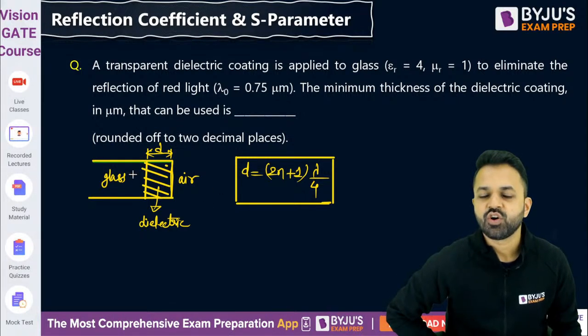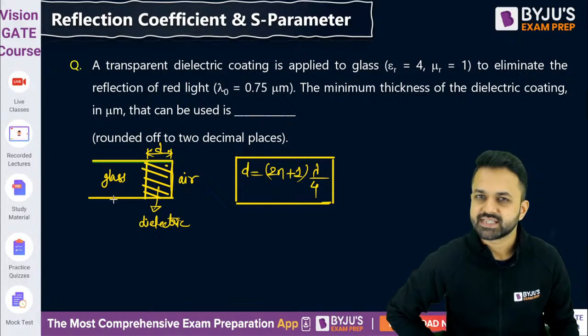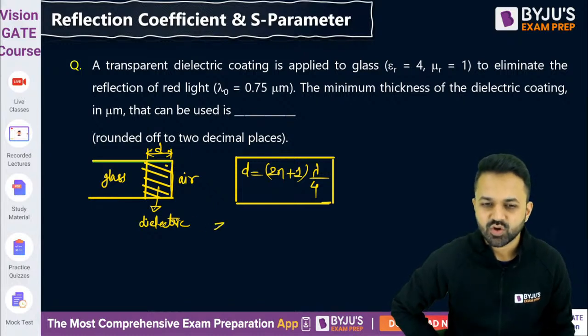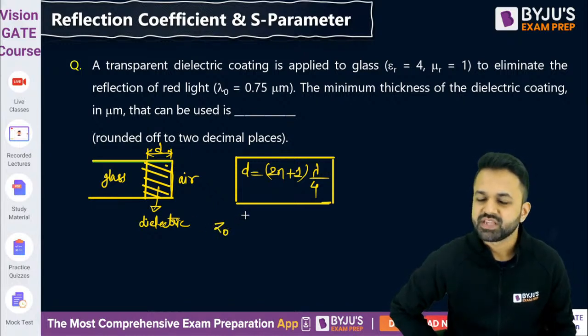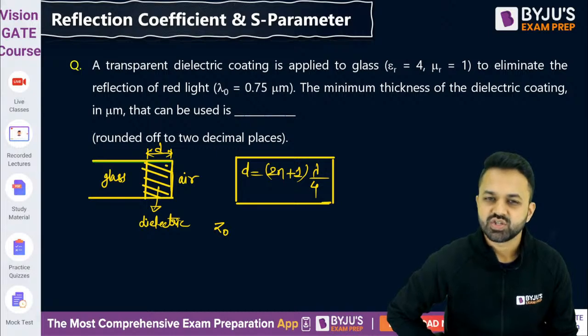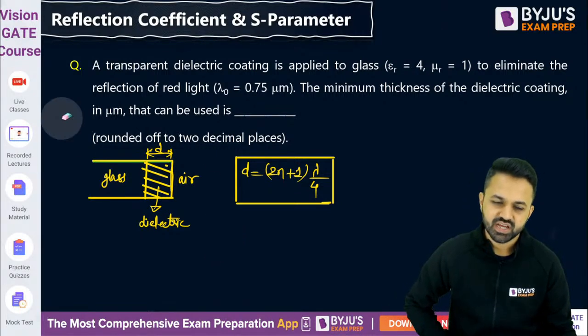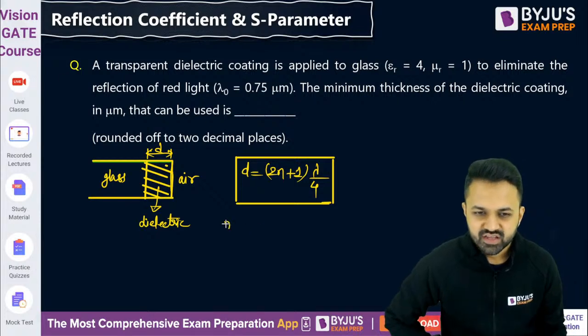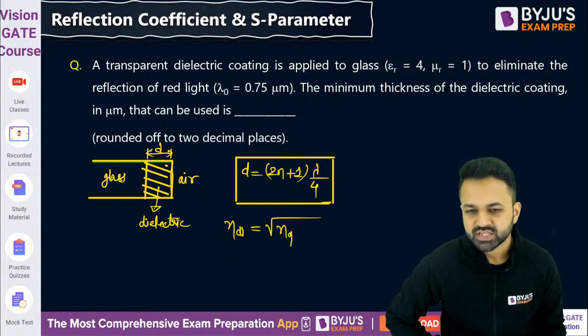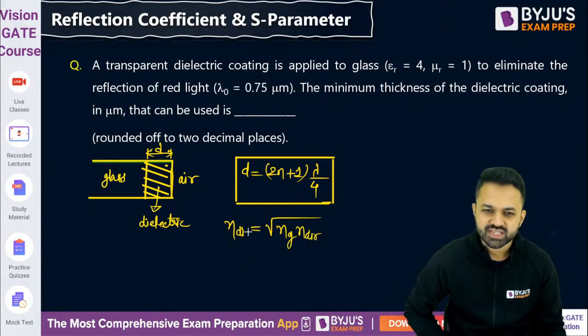But the condition of the quarter wavelength is that its characteristic impedance should be the geometric mean of the impedances to be matched. So here the impedance of the dielectric should be the geometric mean of the impedance of the glass and the impedance of the air. Okay, so what is the geometric mean for this?